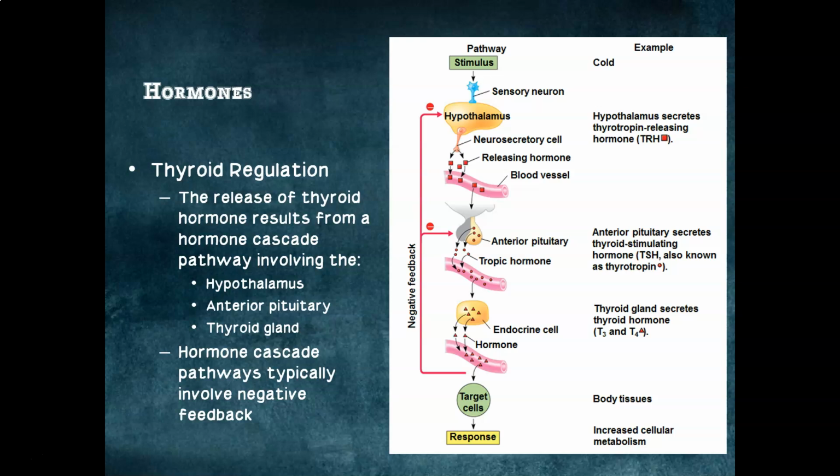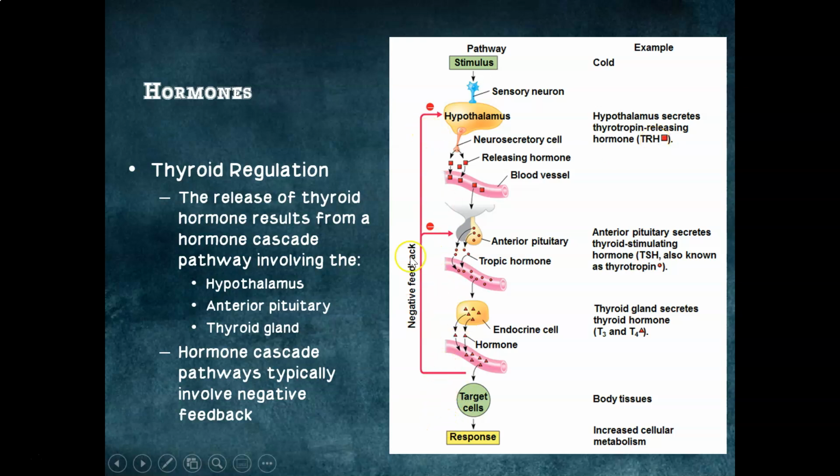So these hormonal cascade pathways typically involve negative feedback because as I get that target cell's response and get the production of, in this case, the T3 and T4 hormones, that feeds back to the anterior pituitary gland to stop the TSH production, and then that also feeds back to the hypothalamus to stop releasing the TRH.